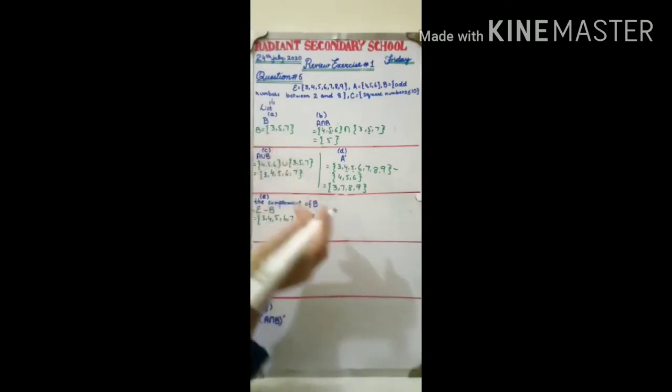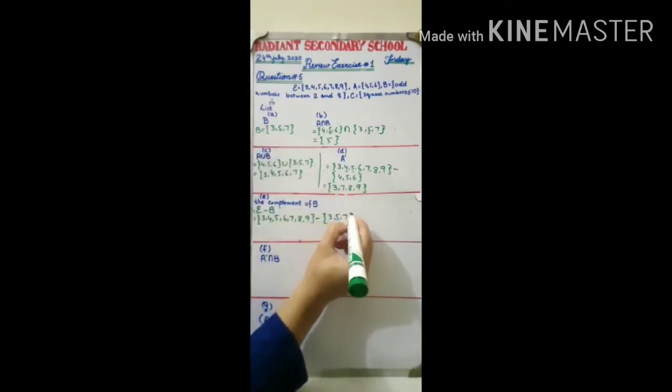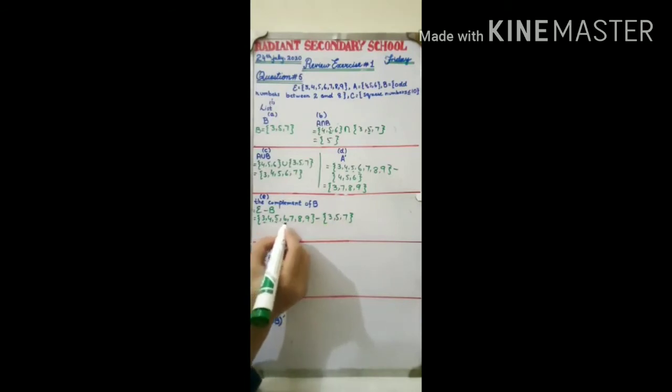B set is present here. This one. 3, 5, 7 is subtracted from first set. Remaining elements from first set will become 4, 6, 8 and 9.